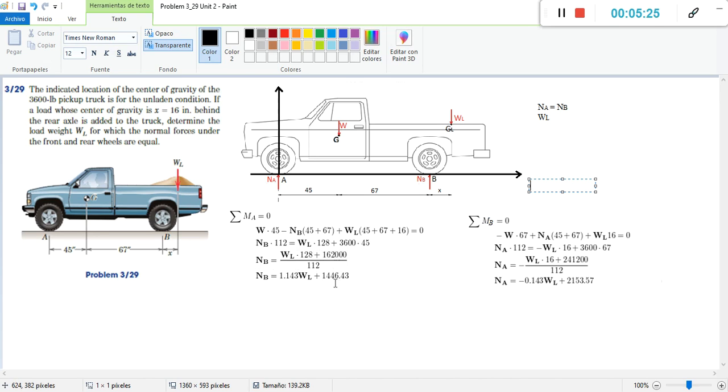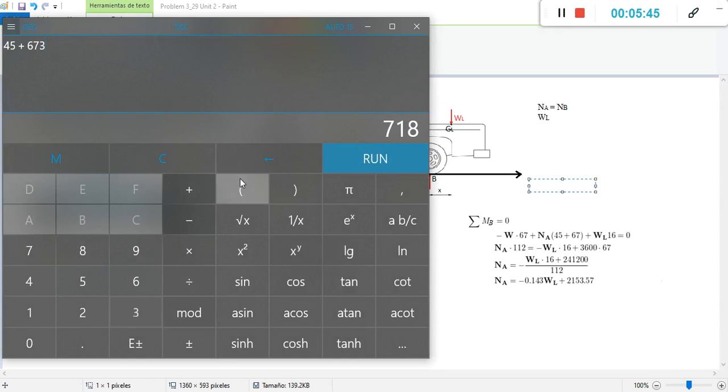So we have WL times 128 plus the product of multiplying 3600 times 45, and we have 162,000.